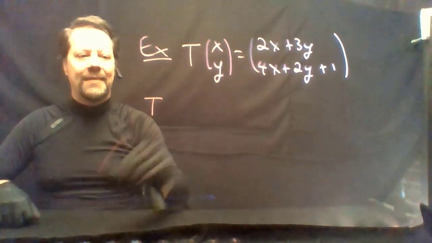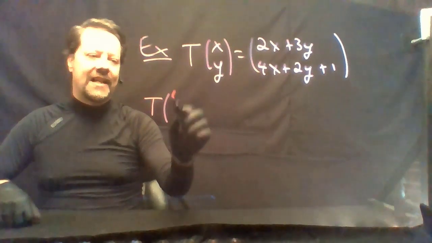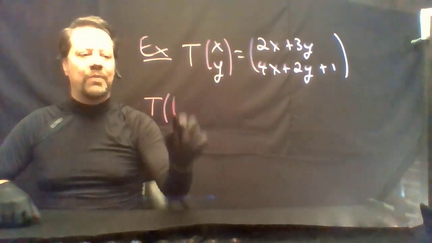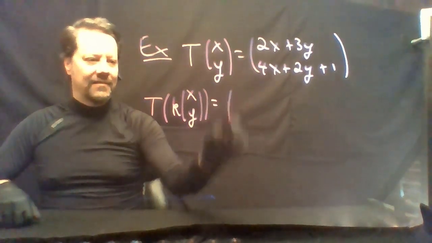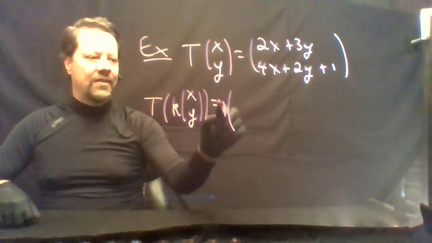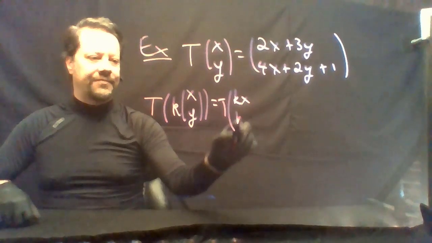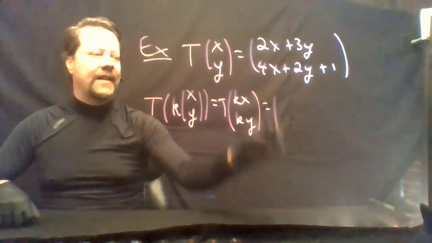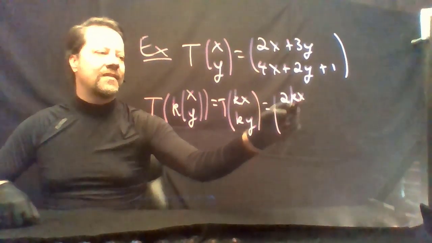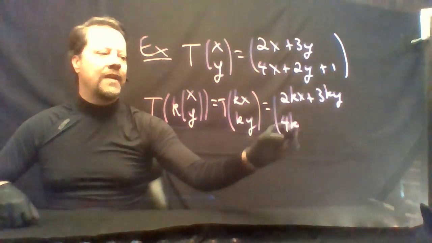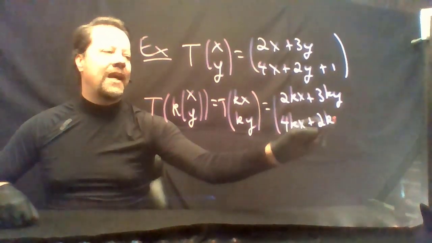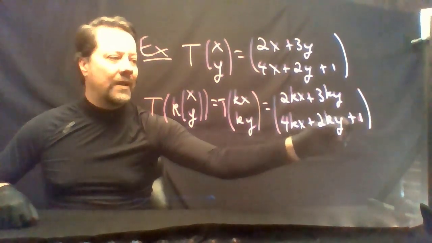Well, what happens if we take (x, y) and multiply it by k? That's going to be T of (kx, ky), which is (2kx + 3ky, 4kx + 2ky + 1).